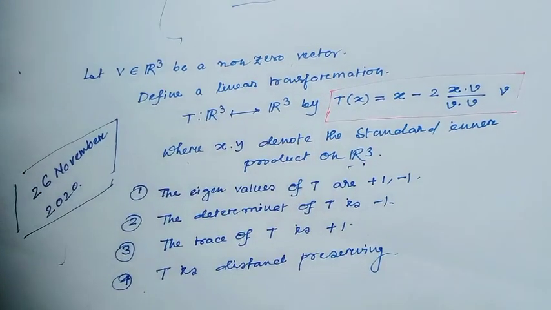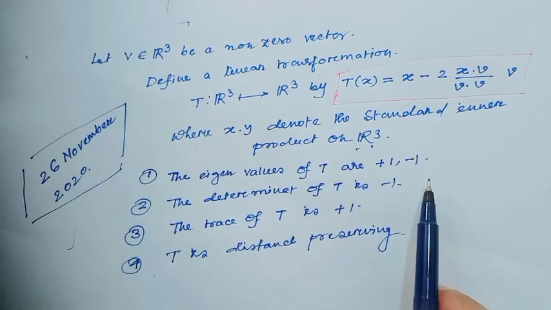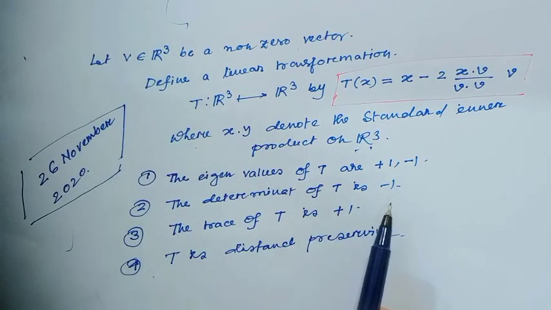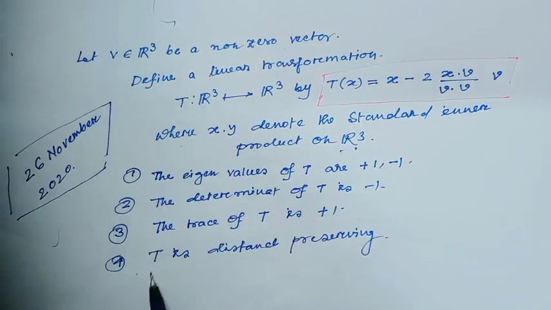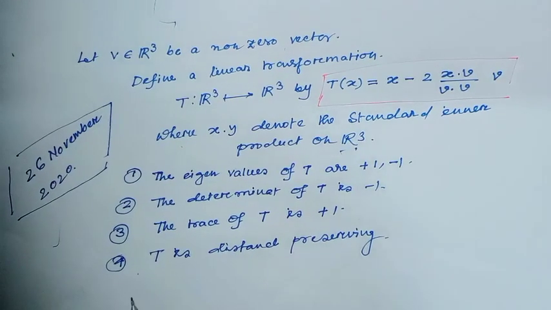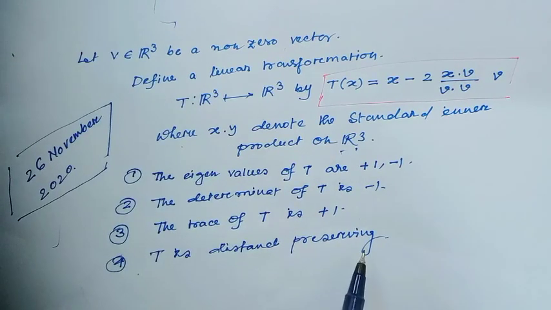Option 1: the eigenvalues of T are plus 1 and minus 1. Option 2: the determinant of T is minus 1. Option 3: the trace of T is plus 1. And option 4: T is distance preserving.